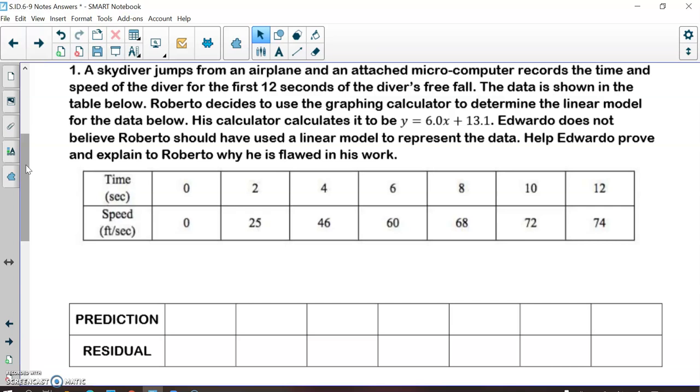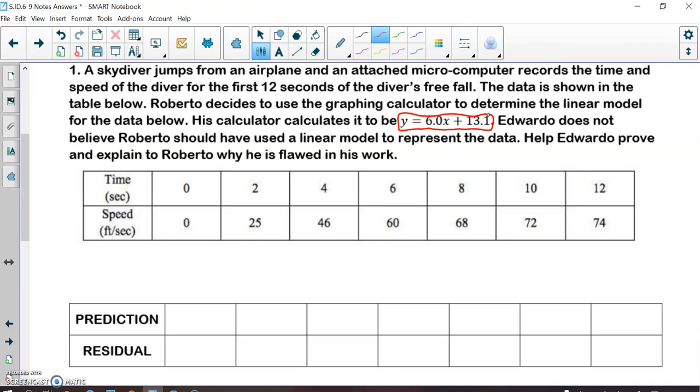He calculates the linear model to be y equals 6x plus 13.1. Eduardo does not believe that Roberto should have used a linear model to represent this data. So we're going to help Eduardo explain why Roberto is flawed in thinking that this data should be represented by a linear regression model.